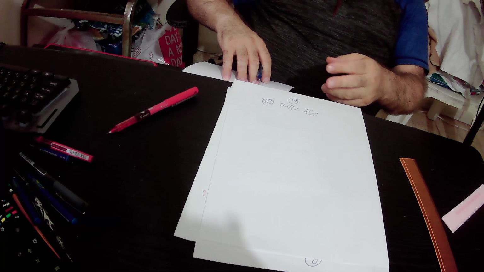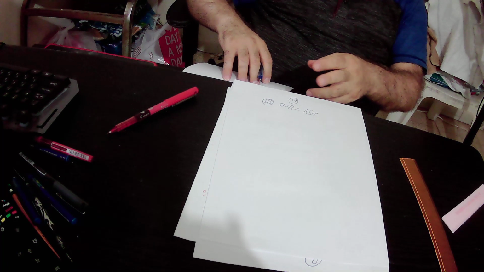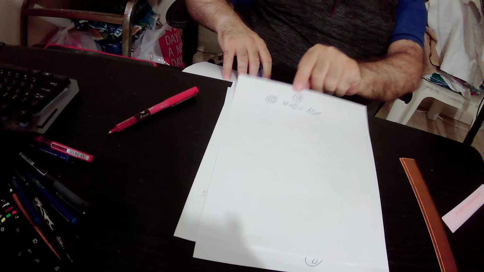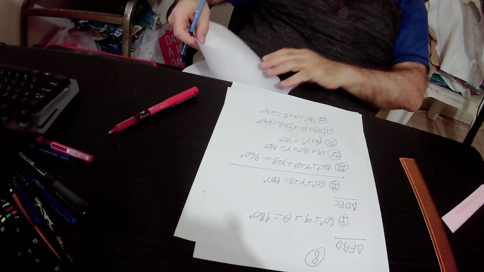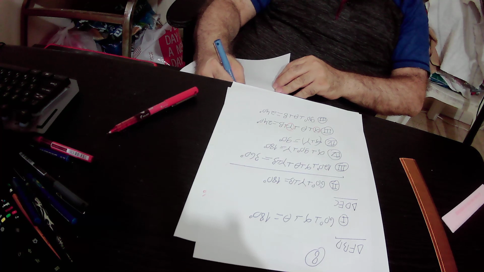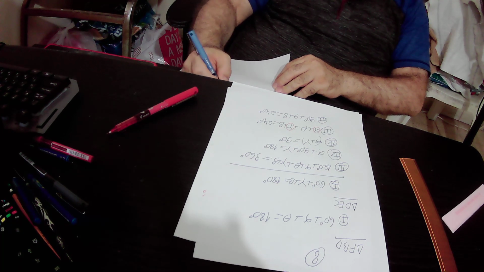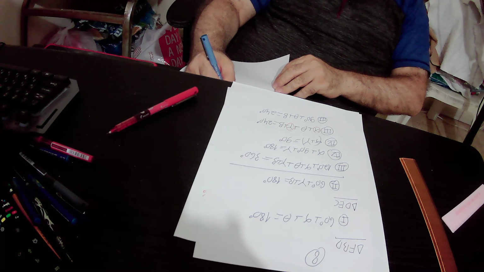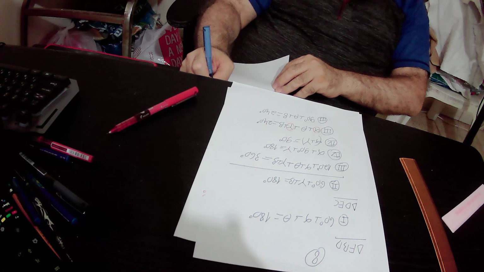Now we will subtract theta from equation number 3, and we will get that beta equals 150 degrees minus theta.